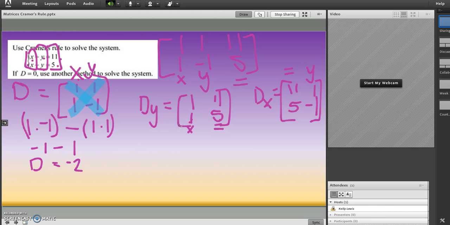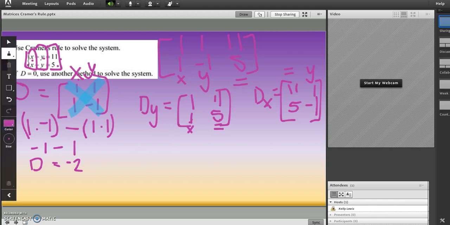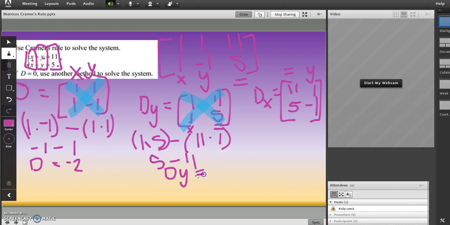All right, so here we need to find the determinant, which was that diagonal minus that diagonal: 1 times 5 minus 11 times 1. 1 times 5 is 5, minus 11 times 1 is 11. 5 minus 11 is negative 6.